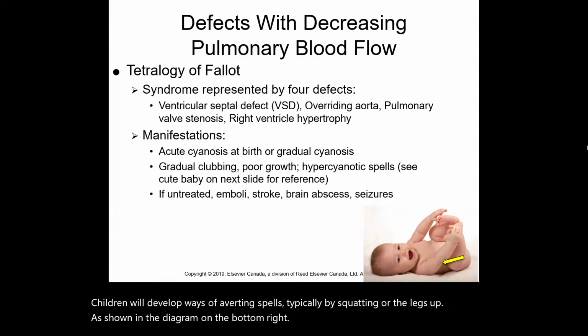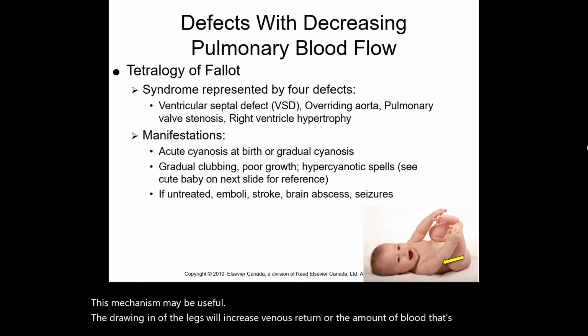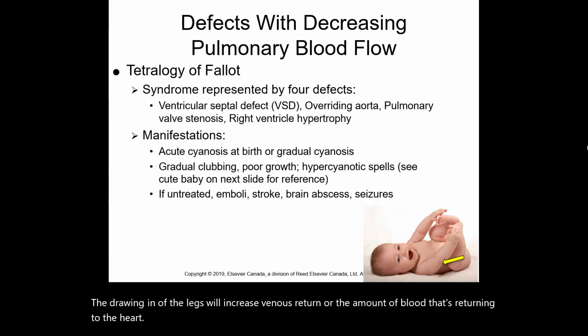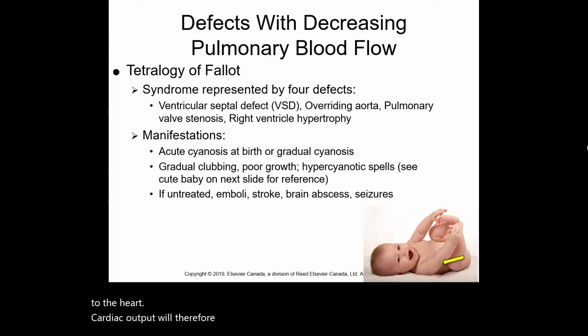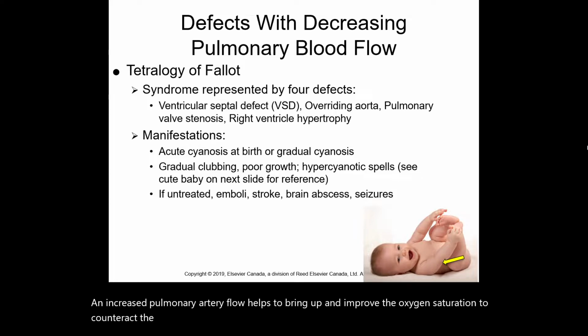While it's not exactly known, this mechanism may be useful. The drawing in of the legs will increase venous return, or the amount of blood that's returning to the heart. Cardiac output will therefore increase, and increased pulmonary artery flow helps to improve the oxygen saturation to counteract the episodes of severe cyanosis.